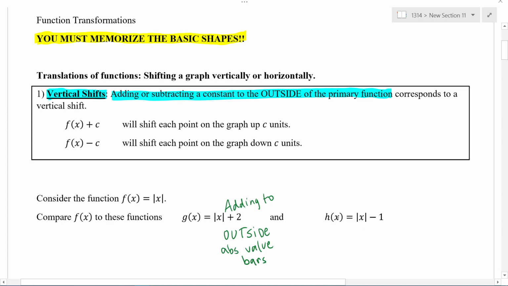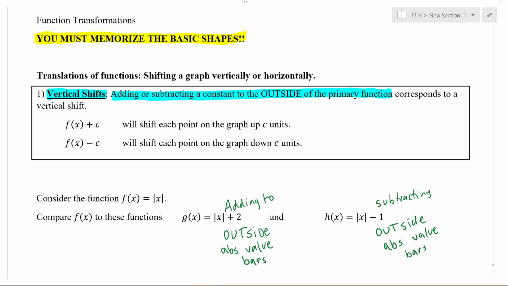Here in function h, we have h of x equals absolute value of x minus 1. Here we are subtracting from the outside of the primary function, meaning we're subtracting outside of those absolute value bars.